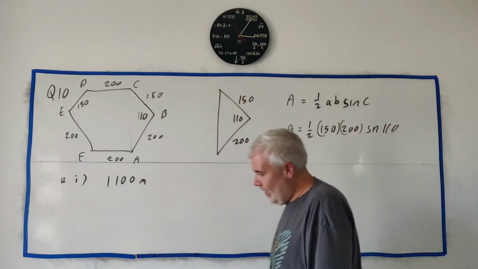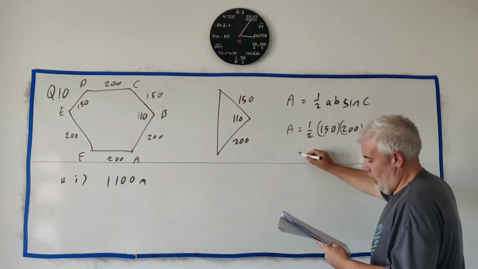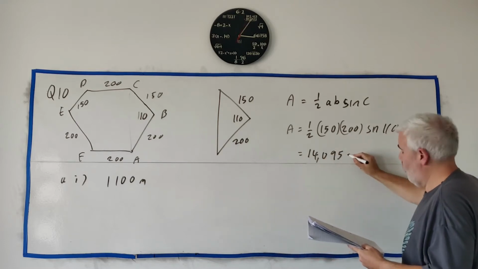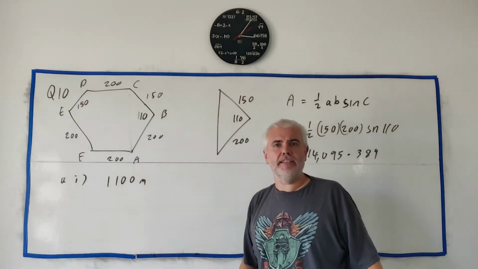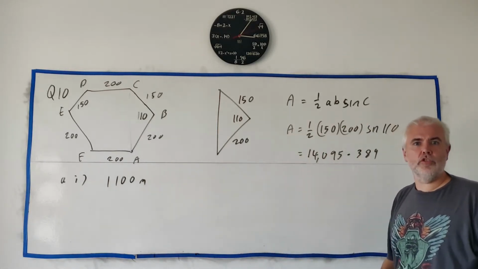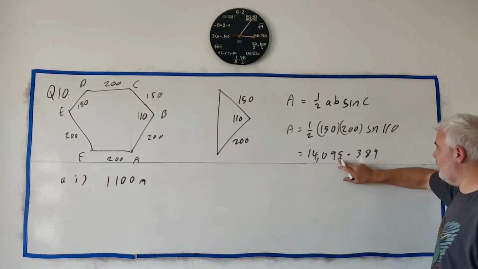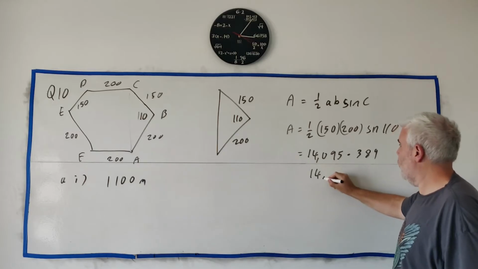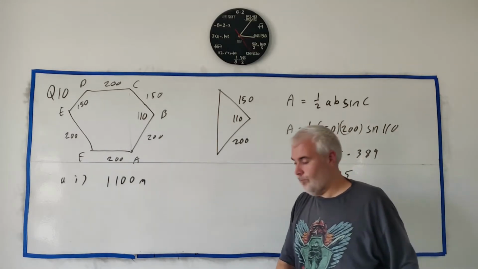You can put all of that into a calculator and we would get 14,095.389. And I'm guessing that's to the nearest meter squared. So we look at the 3, that's closer to 0 than 10. So 14,095 is your answer to part 2.